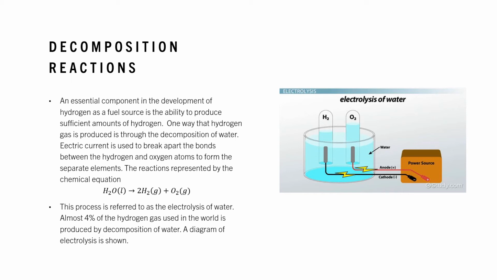Electric current is used to break apart the bonds between the hydrogen and oxygen atoms to form separate elements. The reaction is represented by the chemical equation 2H2O produces 2H2 plus O2. This process is referred to as the electrolysis of water.